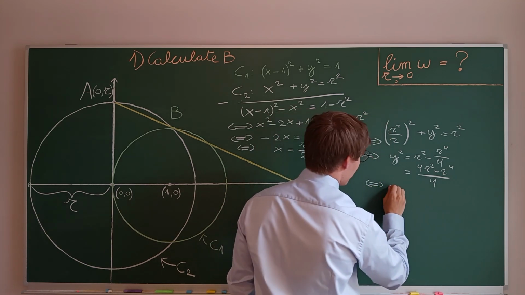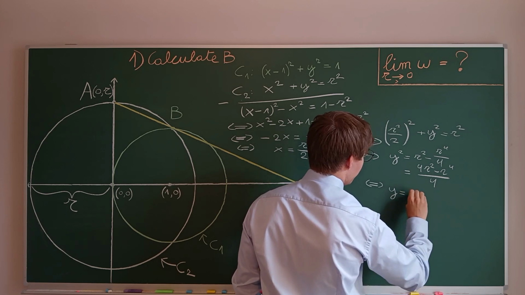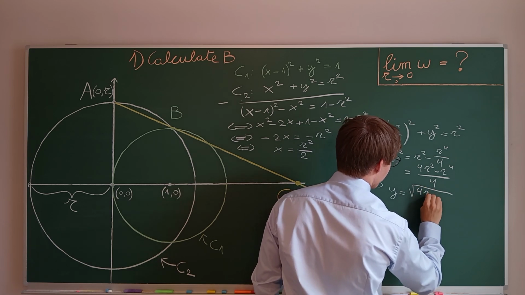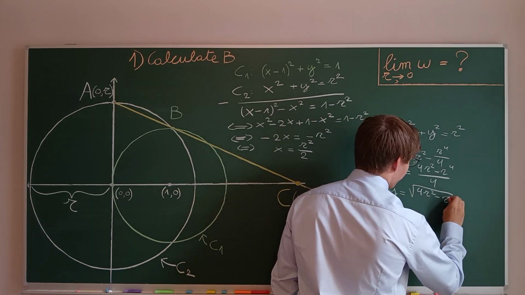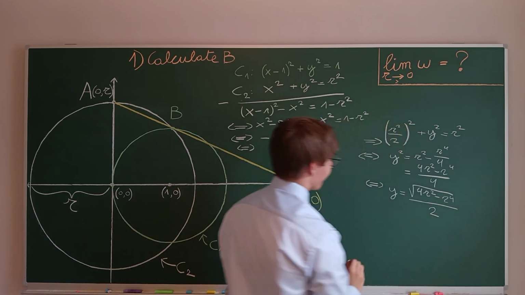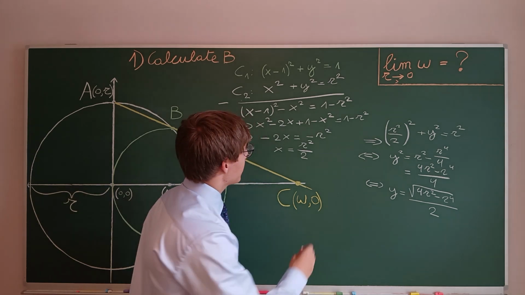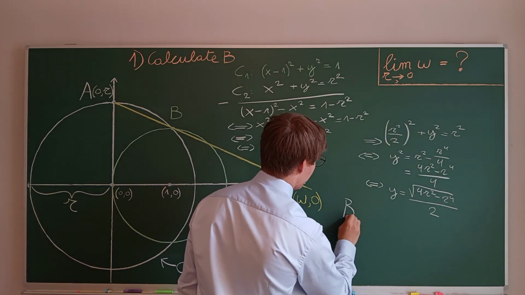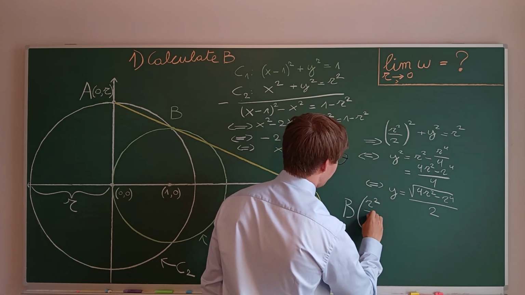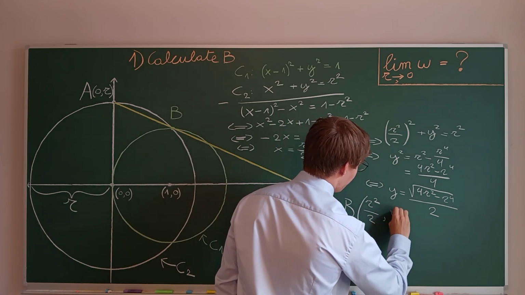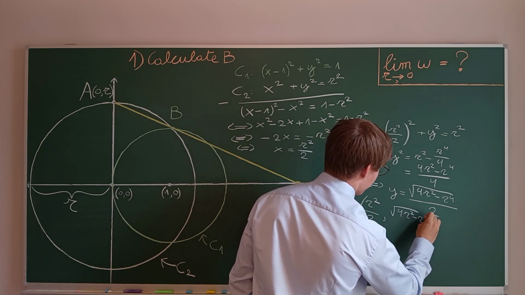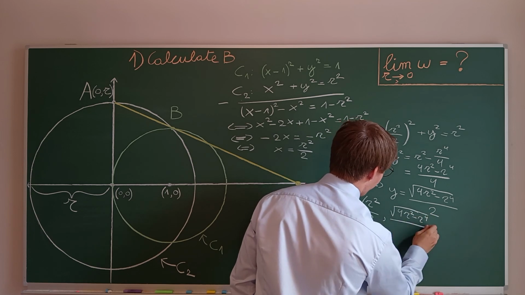So we get that y is equal to the square root of (4r squared minus r to the fourth) over 2. So now we have both coordinates. We know that B is (r squared over 2, the square root of (4r squared minus r to the fourth) over 2).